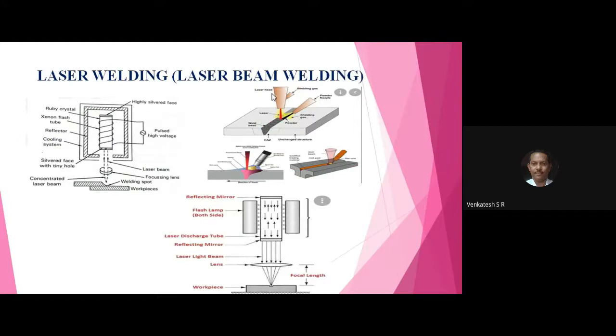Next question, write down. Explain briefly with neat sketch laser welding.